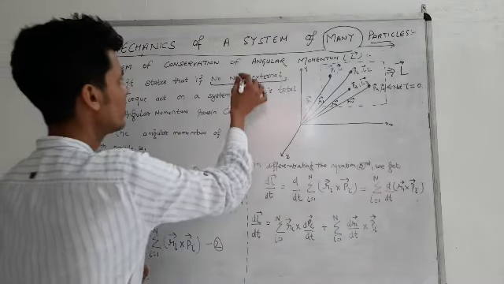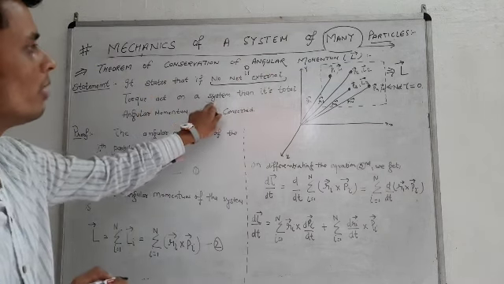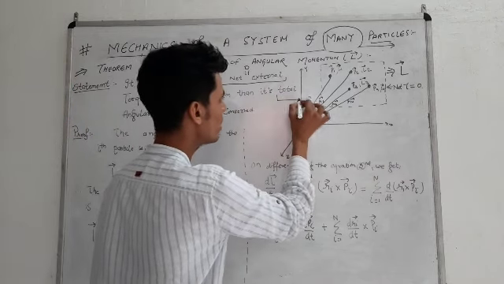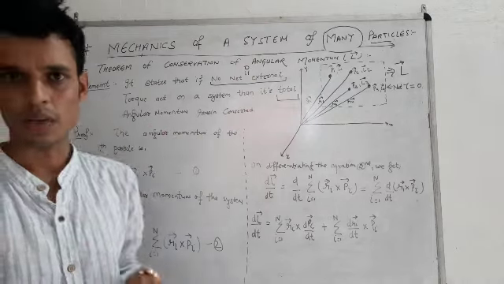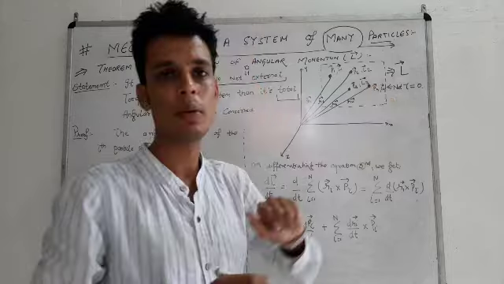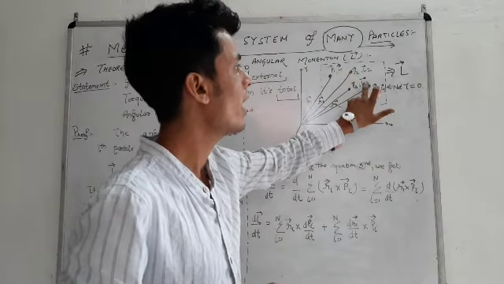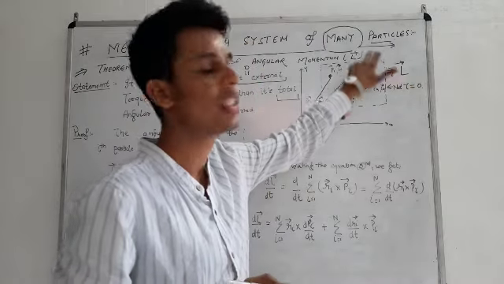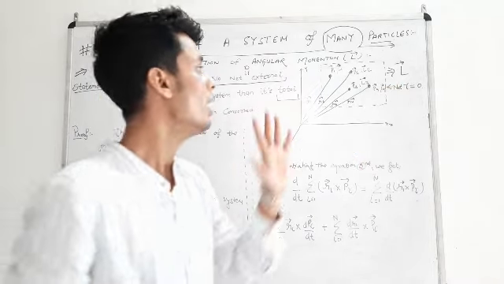The second thing to consider is that we are talking about the total angular momentum of the system. It's not that the individual angular momentum of each particle will be conserved. The angular momentum of each particle can change, but the total angular momentum of the system cannot change unless we apply some external torque on that system.